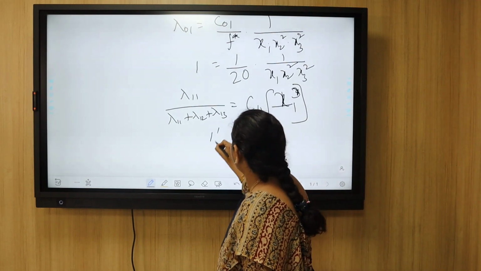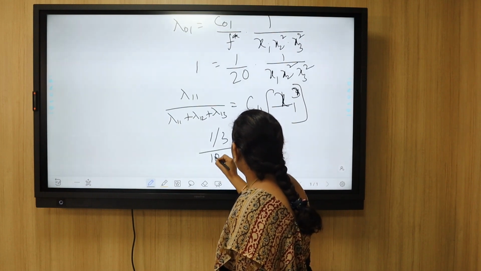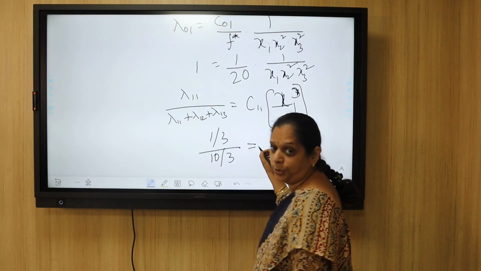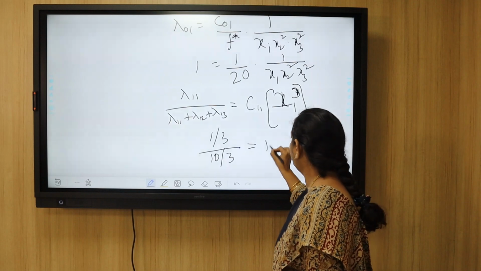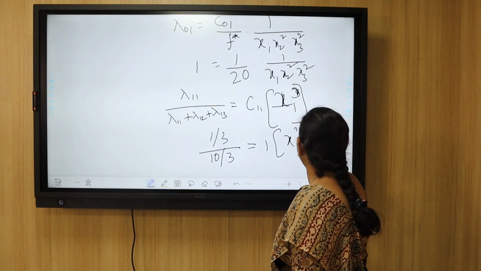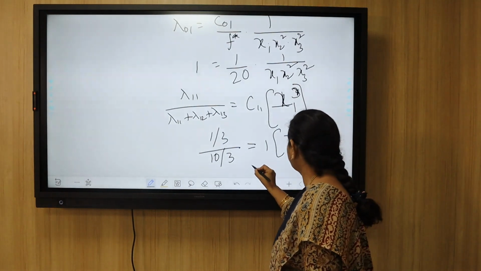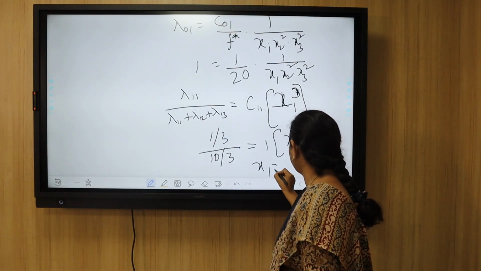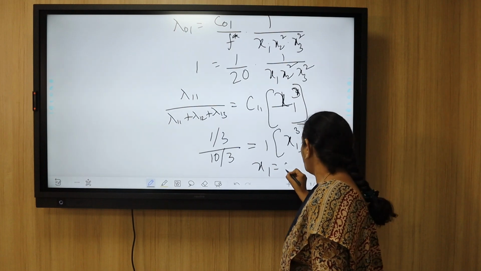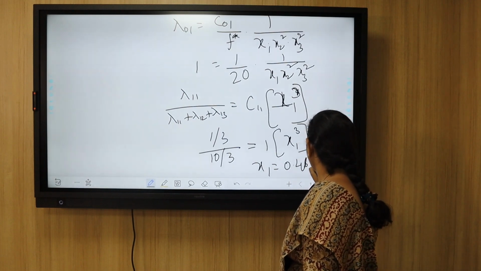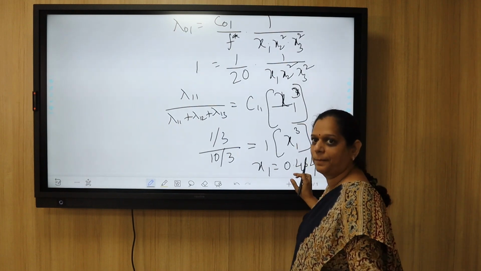Then lambda 11 is 1 by 3 by 10 by 3 equal to 1 into x1 whole cube. This is one thing. Then by solving this one you got x1 equal to 0.464. This is the x1.